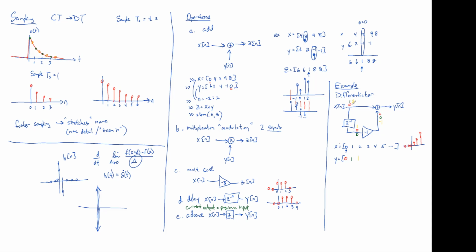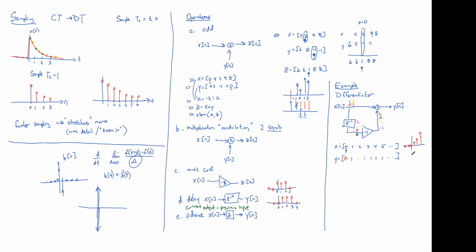Our next input will be 3. The output of our delay is whatever the input was just before, which was a 2. That becomes a -2. Now we've got 3 minus 2, which is also a 1. And you can see by that argument that our output stays a 1 forever.